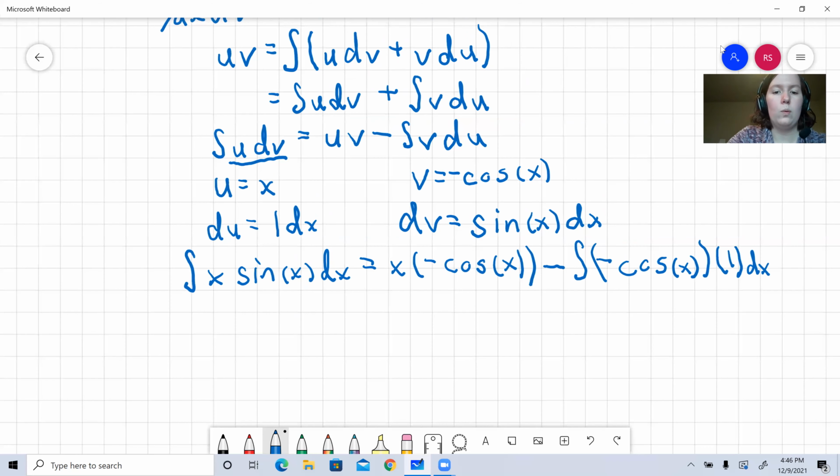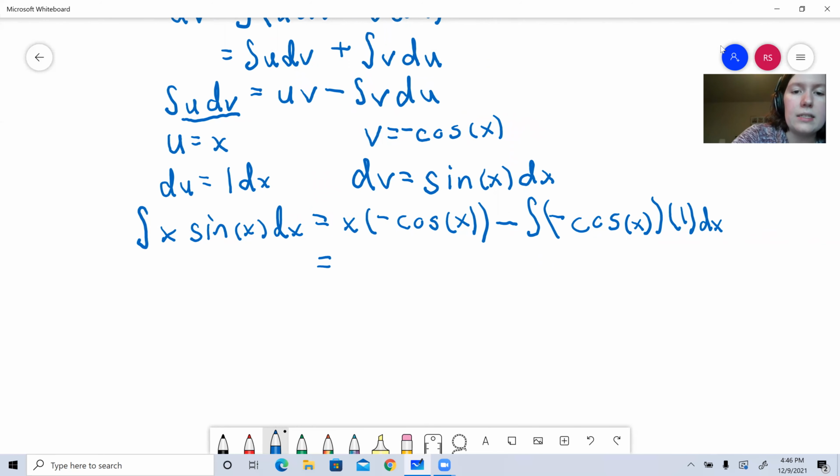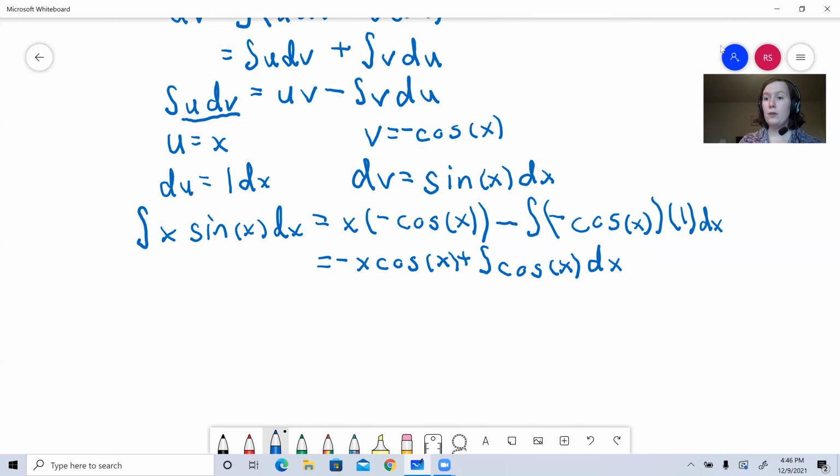So simplifying that, we can see that this is equal to negative x cosine x plus the integral of cosine x dx. Then we know that the integral of cosine x is just going to be sine x. So then we can see that this would be equal to negative x cosine x plus sine x. And don't forget your plus c.